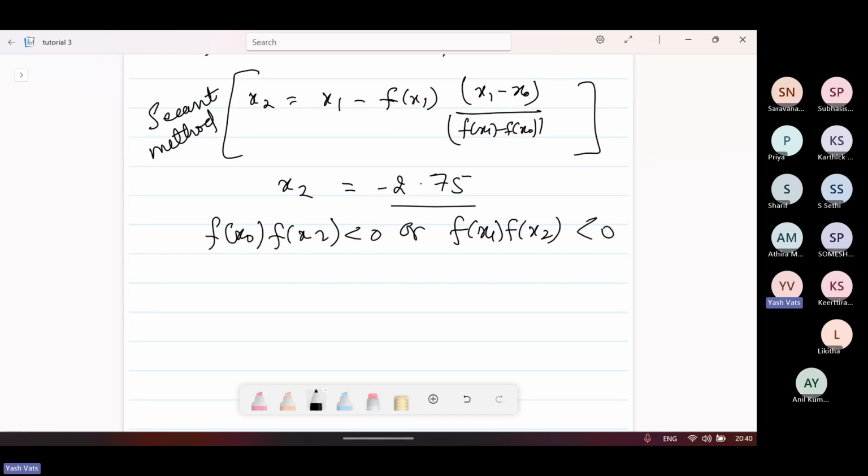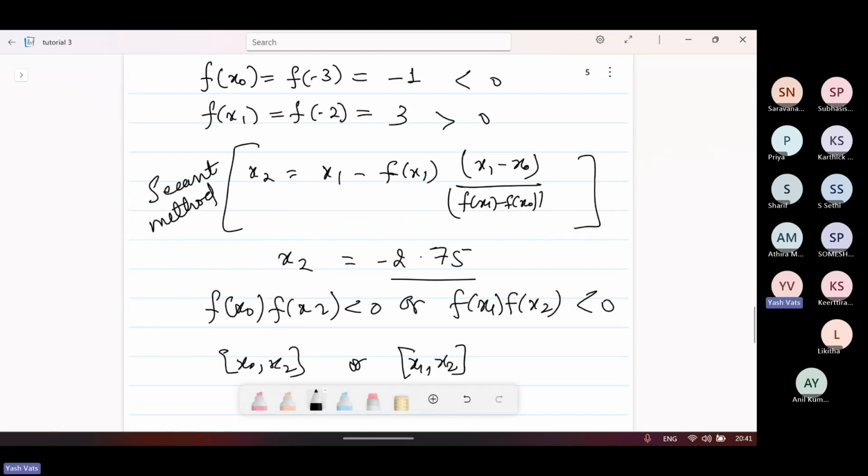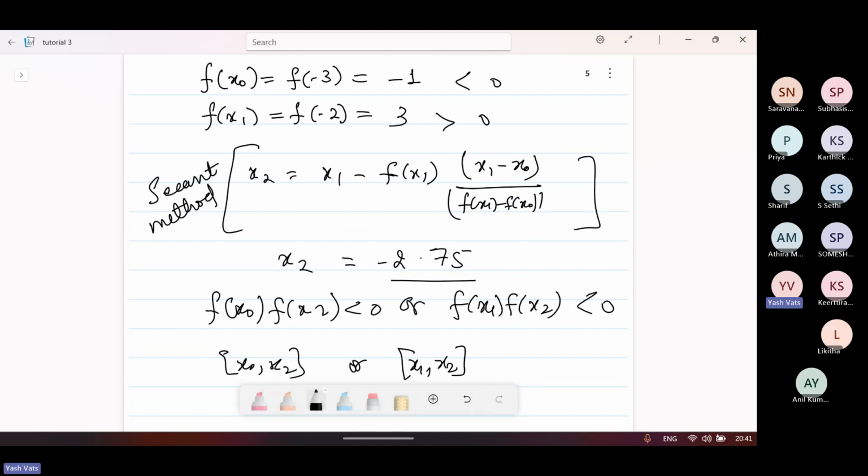Can I proceed in the interval x0, x2 or x1, x2? You have calculated the values f of x0 and f of x1. What is the value of f at x2?